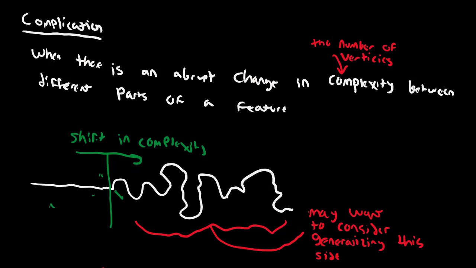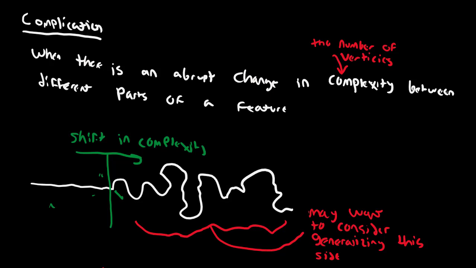from this right-hand side here, because the level of complexity here is so much more than the level of complexity here, even though it's the same feature. So hopefully complication makes sense. It's a little bit different than the other ones because it's not necessarily caused by changing anything.